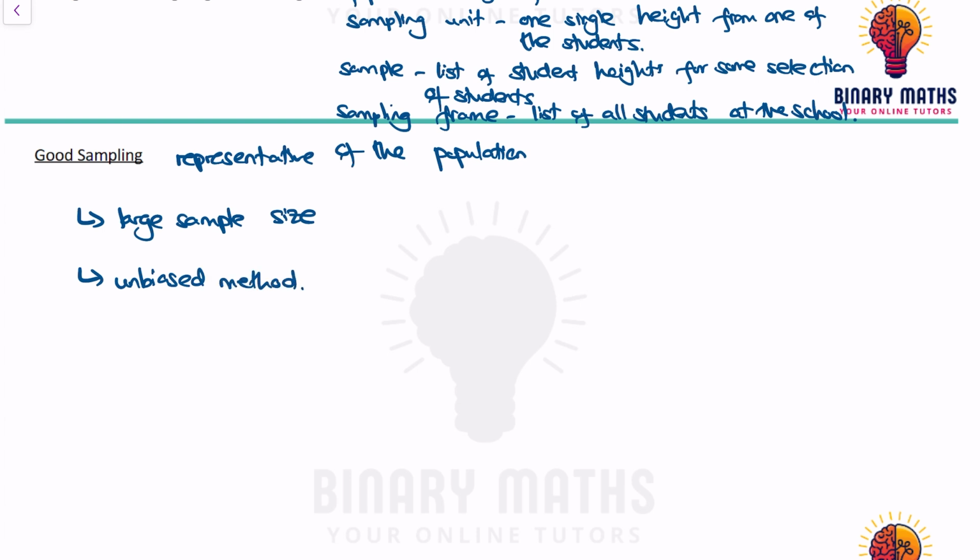Now, the problem with using a bigger sample size is that, obviously, it's more representative of the data, but increasing the size often involves more resources, so time and money. So these factors need to be balanced against one another. In general, unbiased methods should be used, but sometimes a biased method may be the only way of collecting a sample.